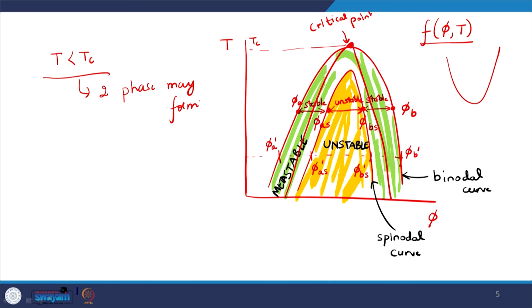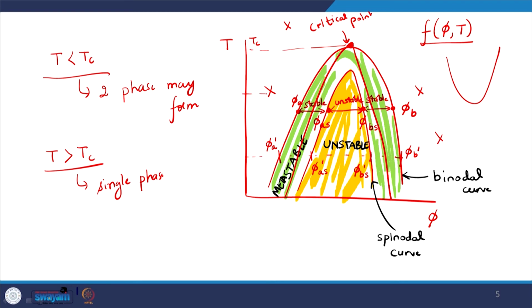On the other hand, if temperature is higher than Tc, we will not see that happening. So, we will always have a single phase, because anything outside this orange and green regimes is where we have a single phase. Let us say if I look at a point here, here, here or somewhere else, we are going to have a single phase in those points.